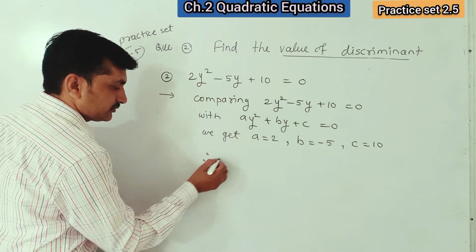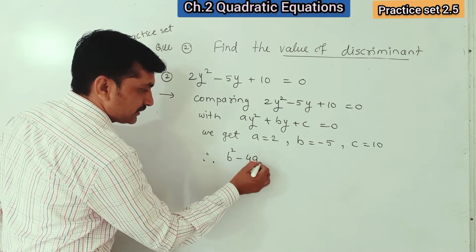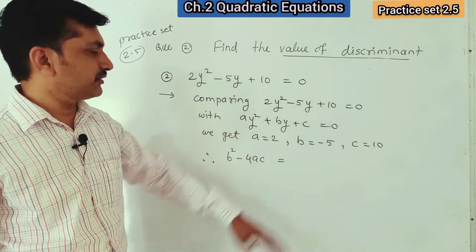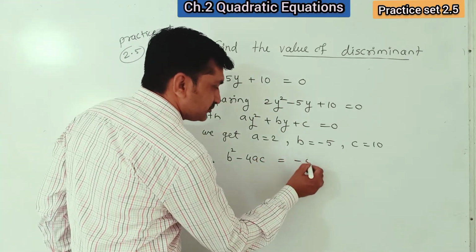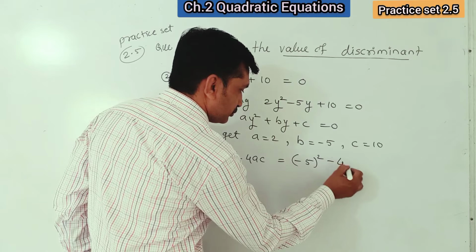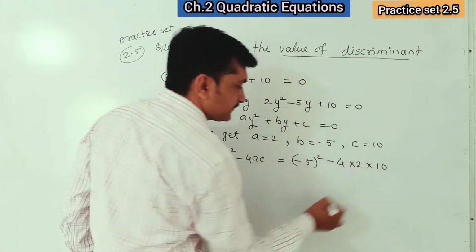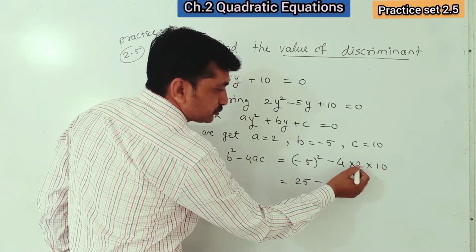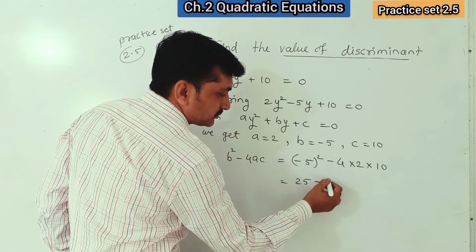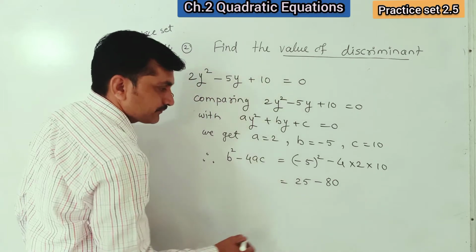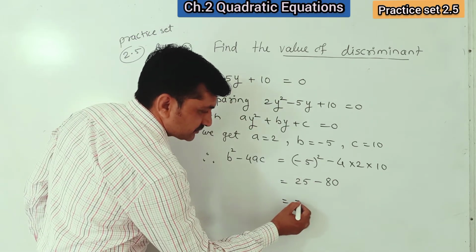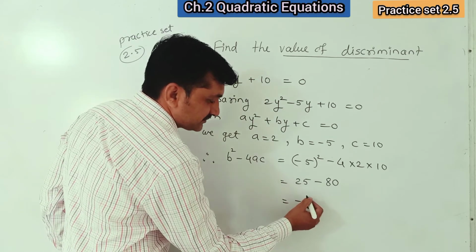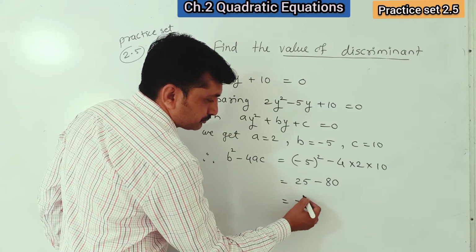Therefore b square minus 4ac is equal to, put values here, minus 5 bracket square minus 4 multiplied by 2 multiplied by 10. Minus 5 square is 25, minus 10 twos are 20, 80s are 80. Subtraction is now minus, the higher value's sign is minus, and the subtraction is 55.